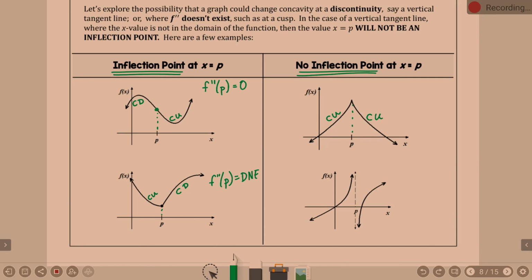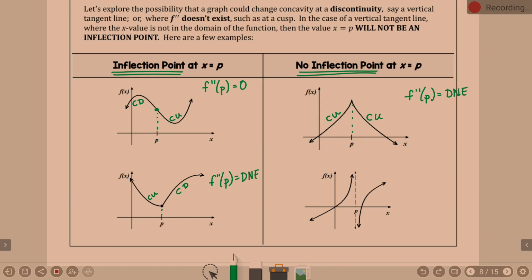An inflection point is where your concavity changes. Like our previous one, the second derivative doesn't exist, because you've got a cusp or sharp point that we can't take the derivative at. Concavity doesn't change, so not an inflection point.